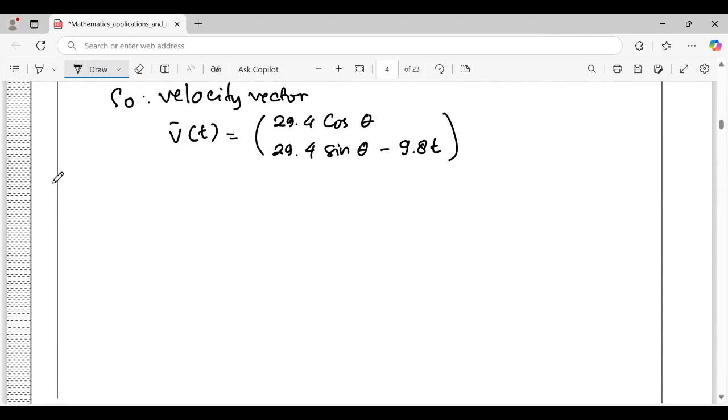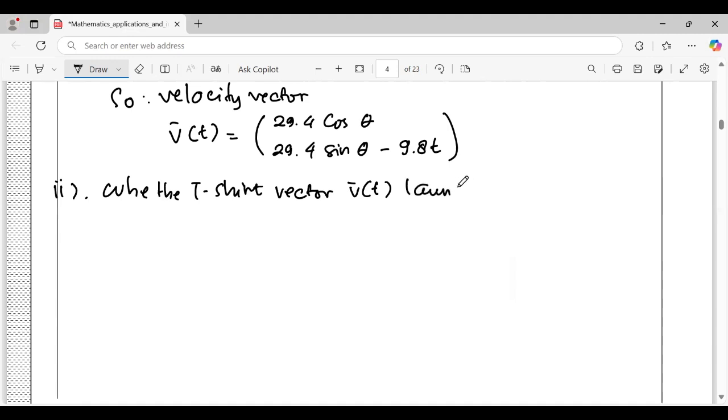Part 2. When the shirt is launched vertically, it means theta would be 90 degrees.